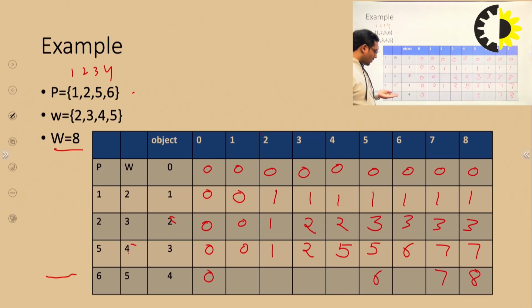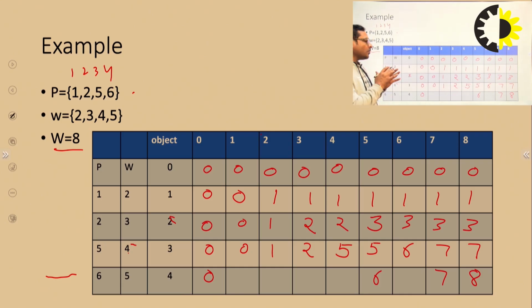Okay, so I can make all the combinations like 5 with 4, 5 with 3, 5 with 2. Can we combine all together? Let's see. 5 plus 4 is 9, 9 plus 3 is 12, 12 plus 2 is 14. Can I consider all 4 of them? No, because my bag size is 8 and the addition of all the object weights is going to be 14, which is larger.